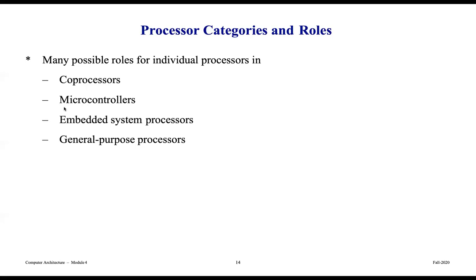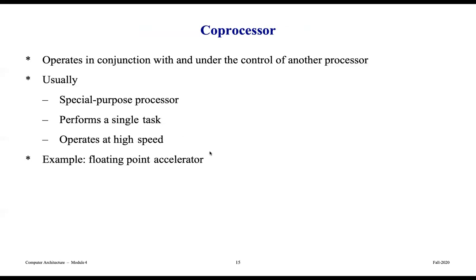When we start to play with our Arduino unit, that's an example of a microcontroller, which is a programmable, dedicated set of functions that isn't as sophisticated as a full-fledged processor, but has some of those features of programmability. There are embedded system processors, and there are general purpose processors. Those are just some categories, and we'll walk through them a little bit as we go along.